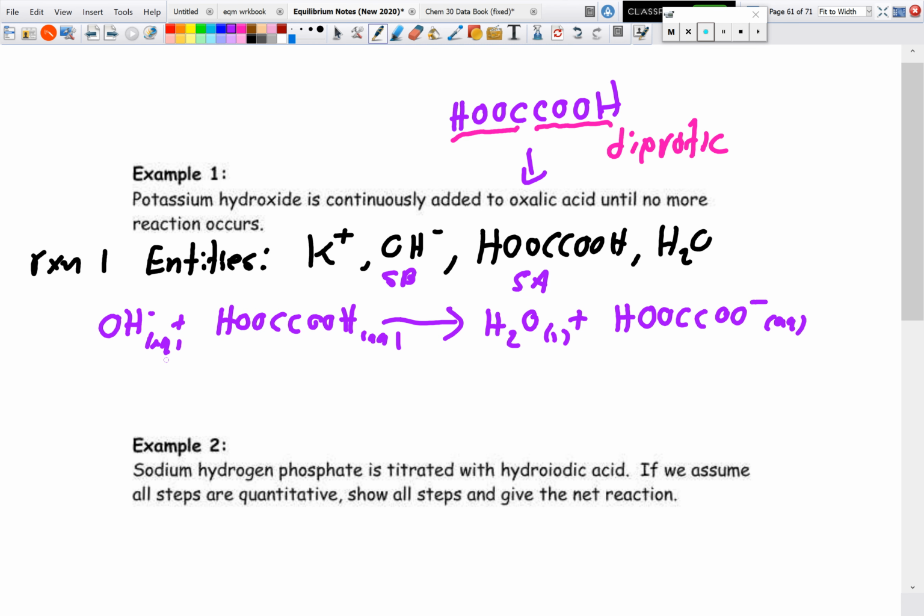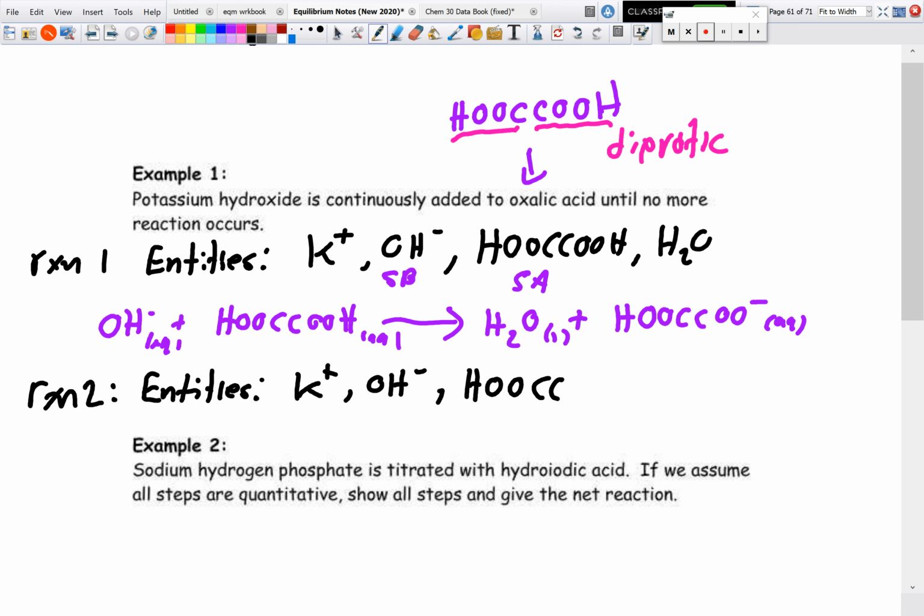Now, once this reaction's done, basically what we have is there's no more oxalic acid. We have our hydrogen oxalate. Because we're continuously adding potassium hydroxide, for reaction 2, we still have an abundance of potassium and hydroxide. But now we have our hydrogen oxalate ion.